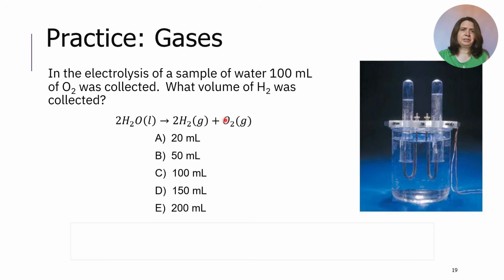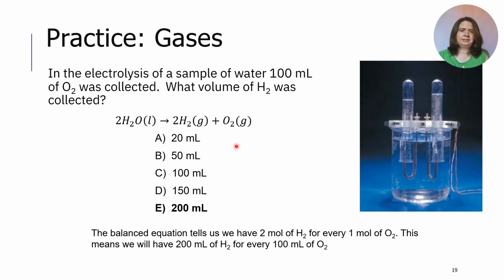The molar ratio is 2 moles of hydrogen gas for every 1 mole of oxygen gas. Under the same pressure and temperature, the gas volumes follow the same ratio as moles. Therefore, 100 milliliters of oxygen gas equates to 200 milliliters of hydrogen gas.